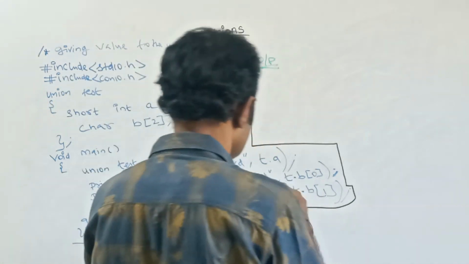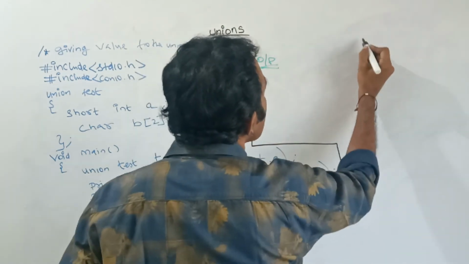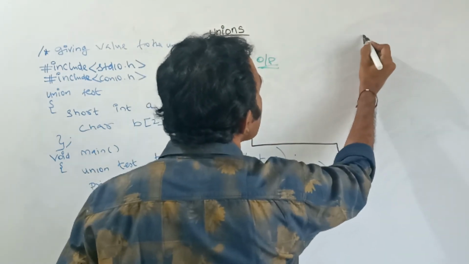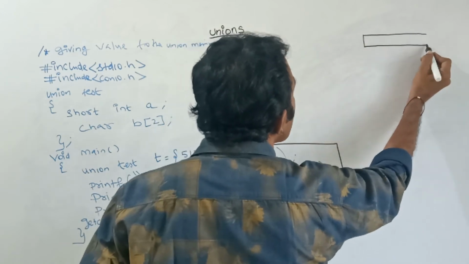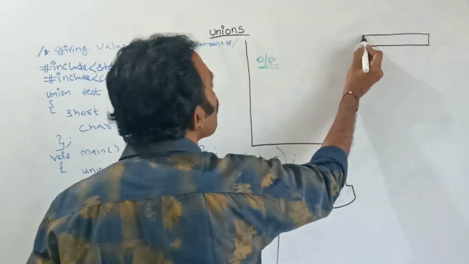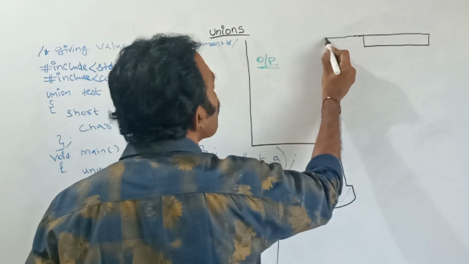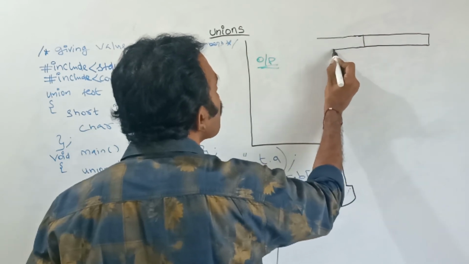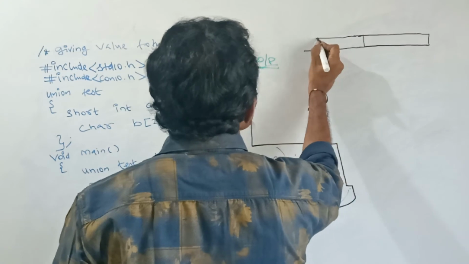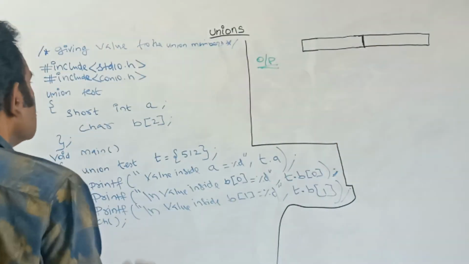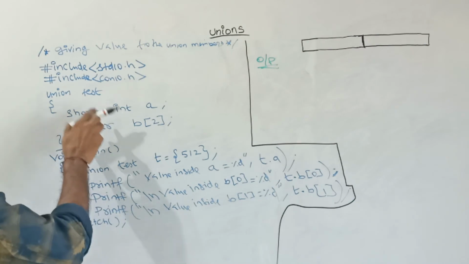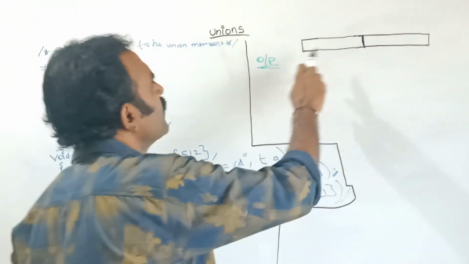See, here totally, as both the members have 2 byte, it allocates 2 bytes.